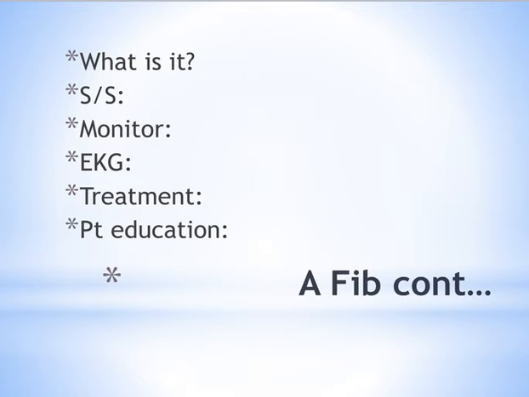So let's recap atrial fibrillation. What is it? It is uncoordinated firing of electrical impulses in the atria from an ectopic focus that causes quivering, ineffective contraction of the heart, pooling of the blood, and increases the risk of clots forming.